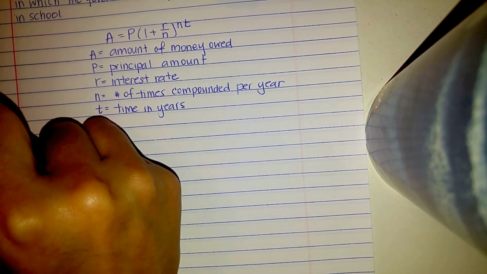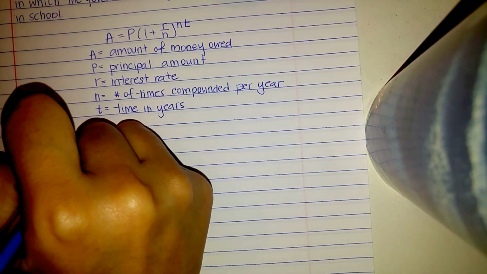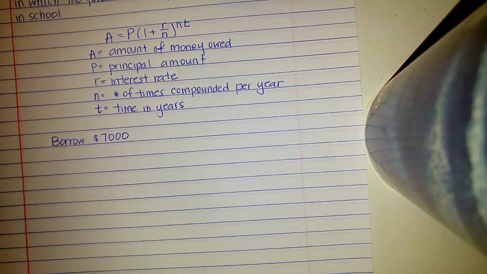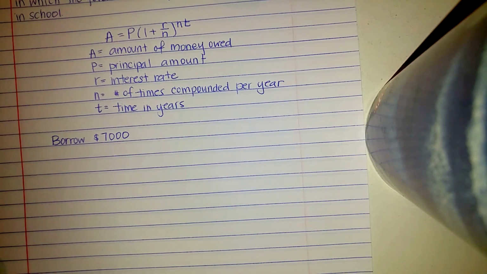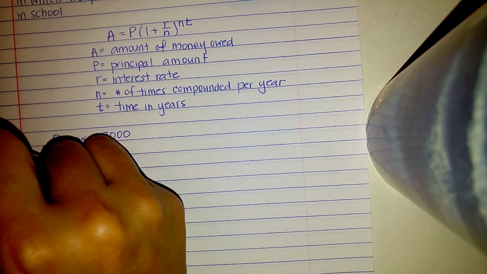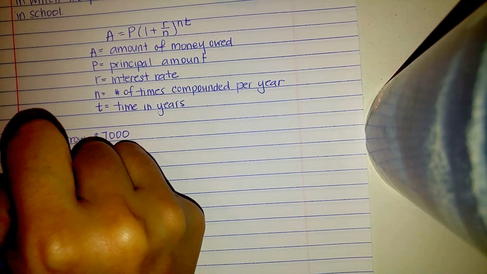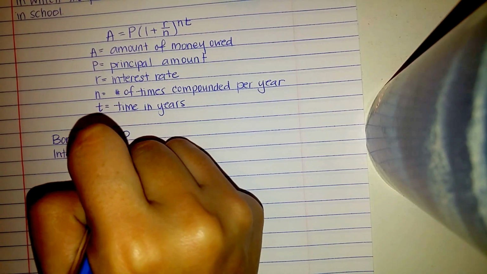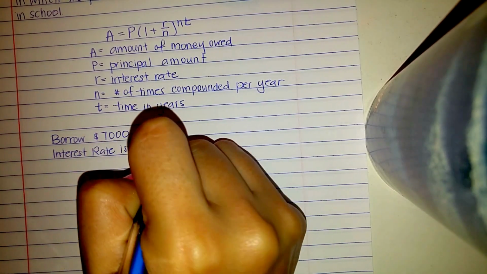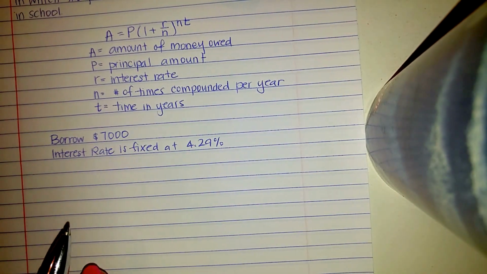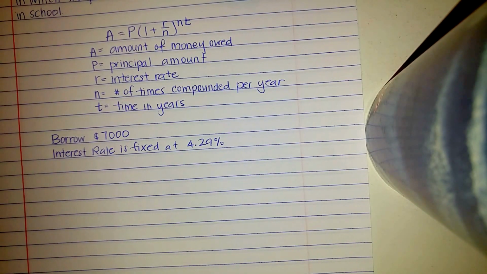Let's assume that I borrow $7,000 to pay for school, and the interest rate that I borrow this at is fixed at 4.29%.